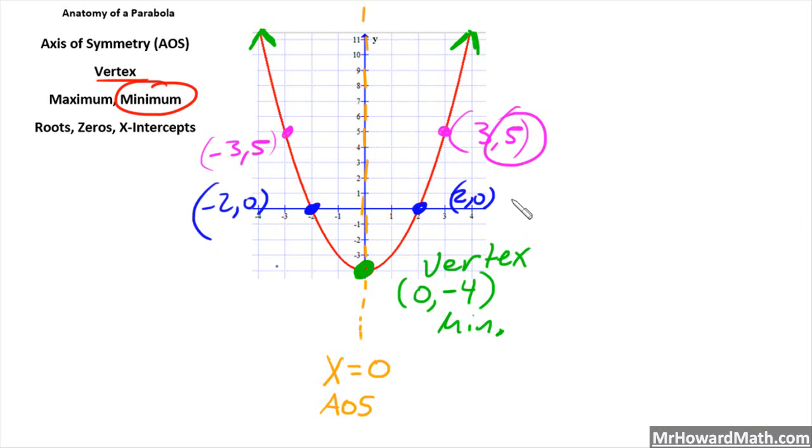Alright, so I'll just label once. I would like you to label them as all three because I want you to get used to understanding. In most problem situations, they will either discuss x-intercepts or zeros or roots. So you need to know they all mean the same thing. You'll also note that when you have roots like this, in this case, they're equidistant from the axis of symmetry as well.